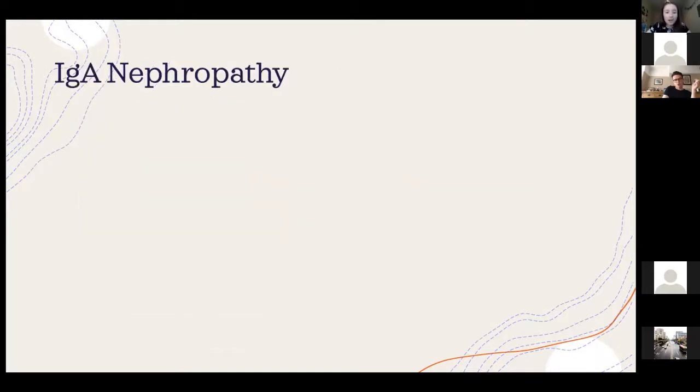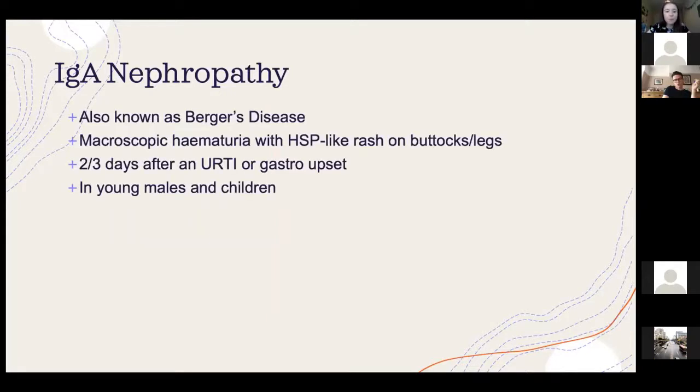So IgA nephropathy. This is also known as Berger's disease. Sometimes in exam questions you might see it referred to as Berger's disease, just to confuse you. It usually presents with macroscopic, so visible, hematuria, and often it can present with HSP, so you will get a vasculitic rash on the buttocks and the legs.